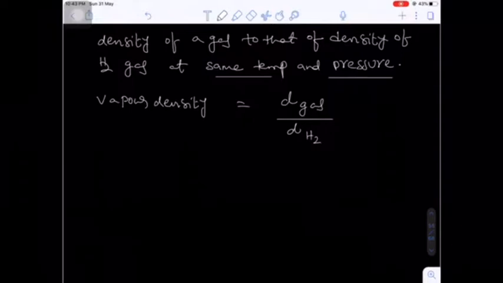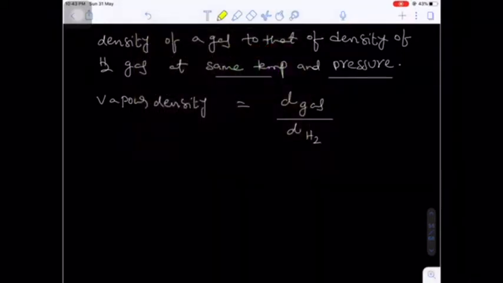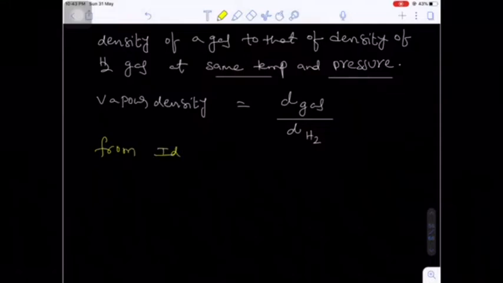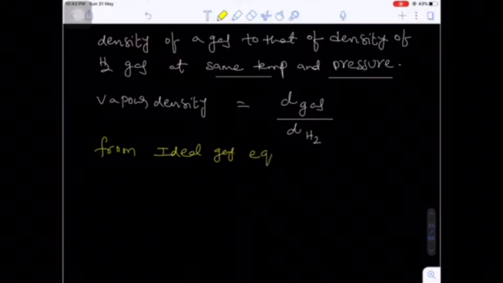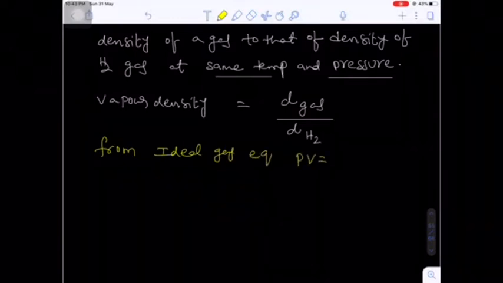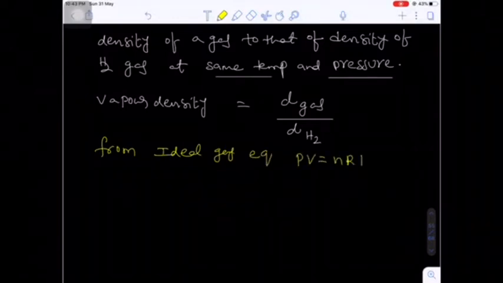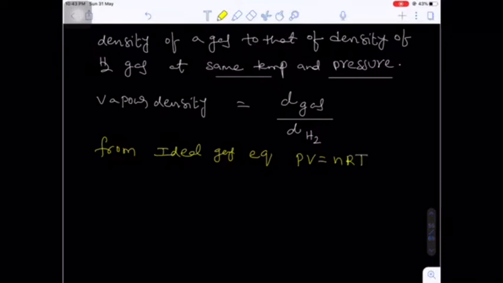Now, how to calculate the density? We know from the ideal gas equation, PV is equal to nRT.